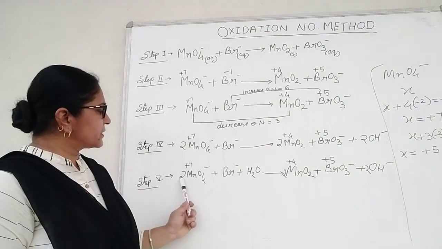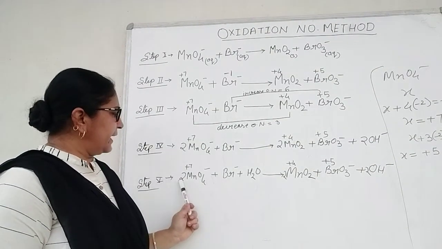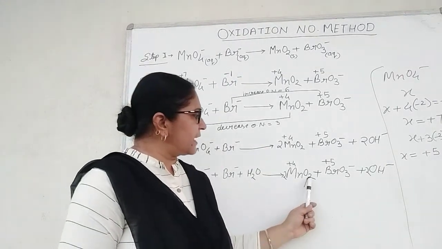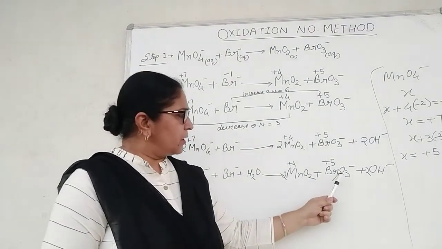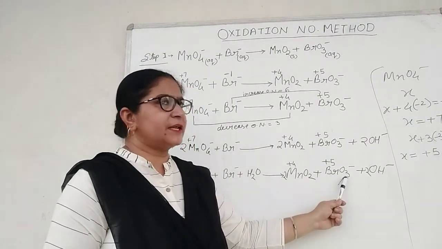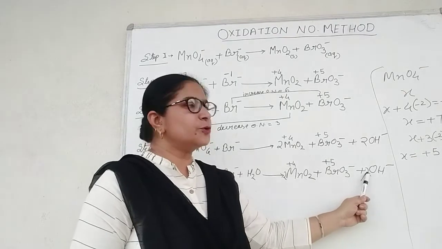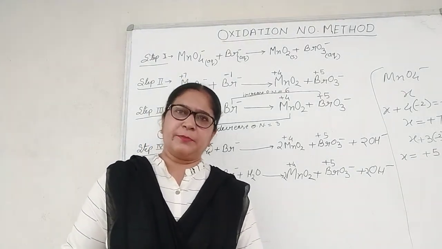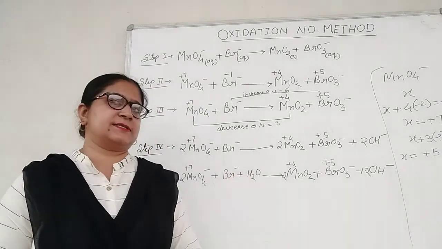On the left hand side, 8 oxygen plus 1 water gives 9 oxygen, and on the right hand side, 2 times 2 plus 3 plus 2 gives 9. This means the reaction represents a balanced redox reaction.